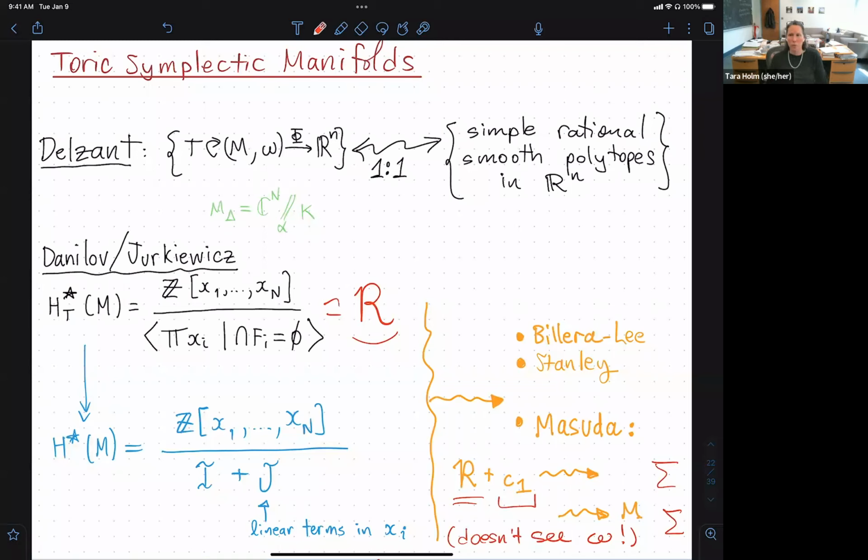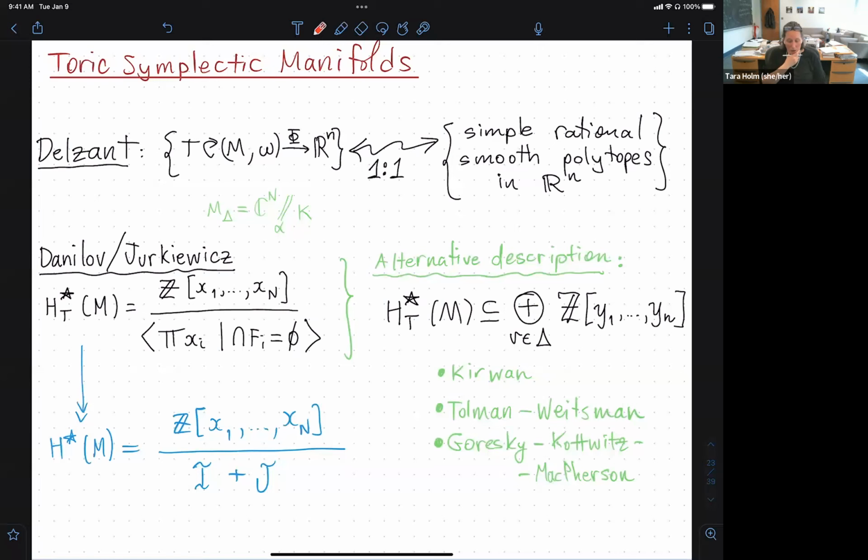In the most simple case, we are looking at a two-dimensional manifold with a circle action, and the moment map doesn't have very many possibilities. It's an interval, and you can't really tell from this equivariant cohomology ring how big that interval should be, which is equivalent to knowing how big the symplectic manifold is, how big the symplectic form is. So we don't see omega here.